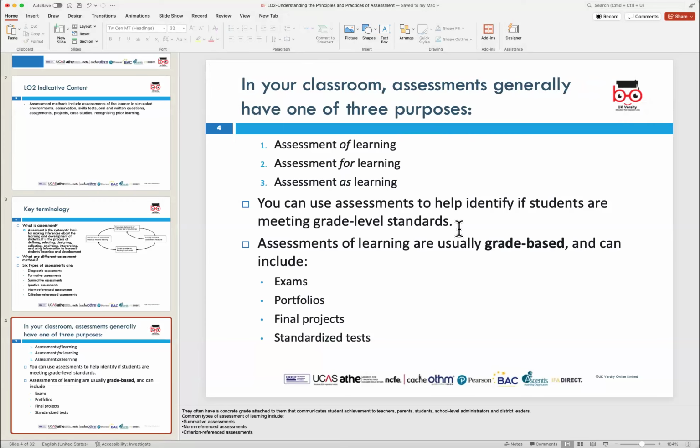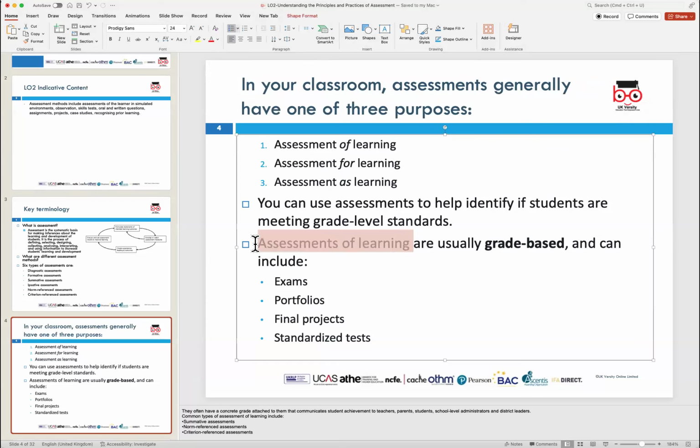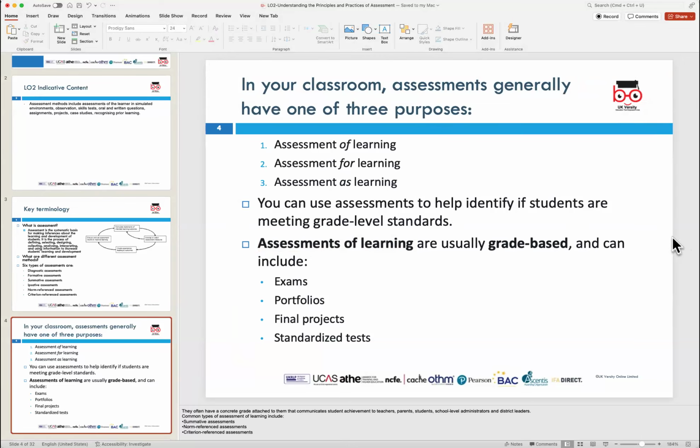Now, when we look at assessment of learning, these are usually going to be grade based. That means they are essentially going to be exams. They're going to be a portfolio of evidence which learners prepare. You're submitting a final project like a dissertation, and there could be standardized tests that you have to do at the end of going through the teaching and learning process.